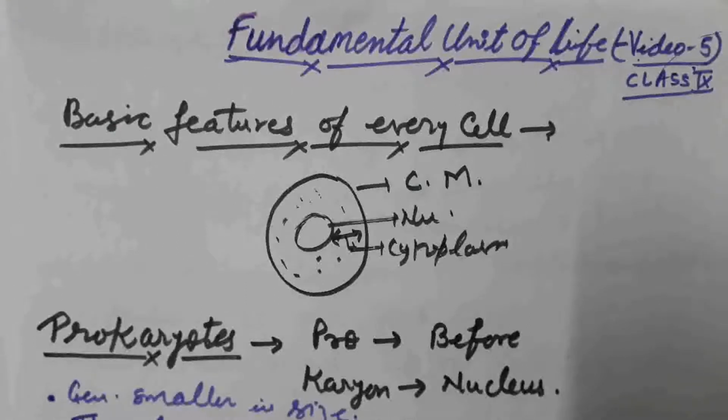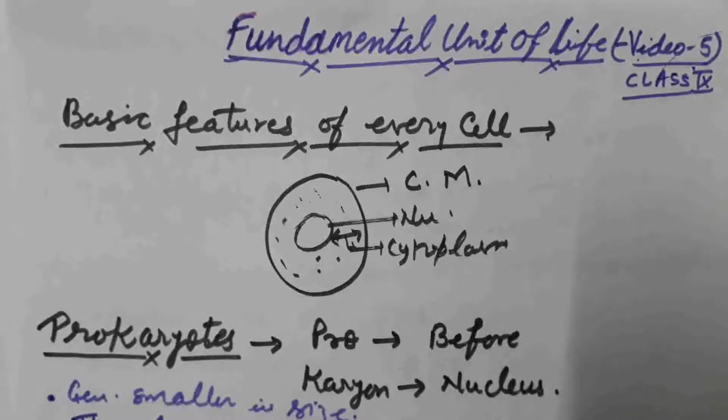Ninth class. In today's lecture we are going to discuss certain features of prokaryotic and eukaryotic cell. As we all know, the basic structure of every living cell consists of three important features.